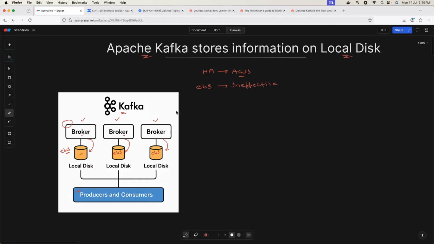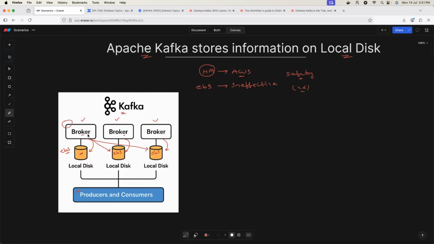To add to it, when you are dealing with a high available Kafka cluster, to ensure safety of the data and proper replication, every broker, along with storing the information onto its local disk, stores copies of data onto the other brokers. Typically, at least 2 copies of data are maintained.